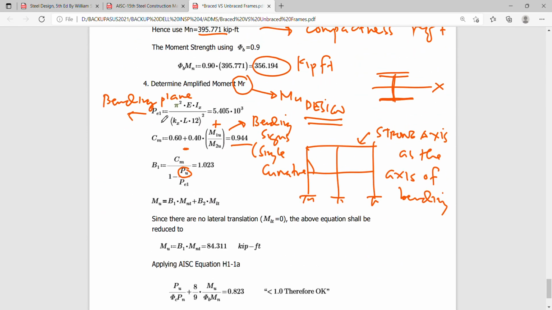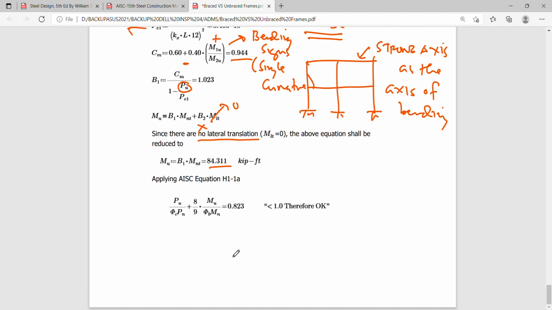And PE1 is this Euler buckling load along the bending plane. So I have 1.023 as my B1, and taking note that my general formula is MU equals B1 times MNT plus B2 times MLT, but MLT is 0 because there's no lateral translation. Therefore, I don't need to get B2. B2 is irrelevant, hence MU is equal to B1 times MNT, and this is equivalent to 84.311.